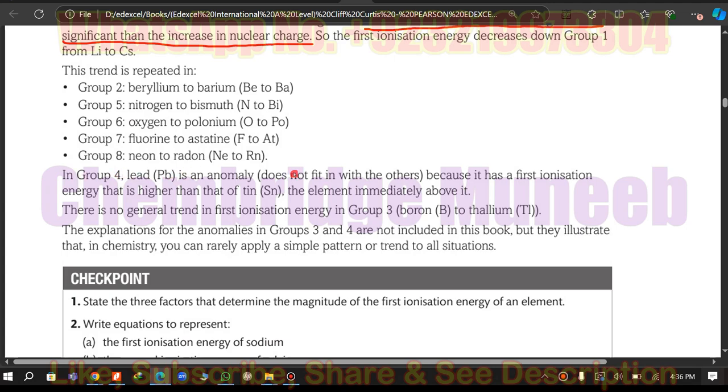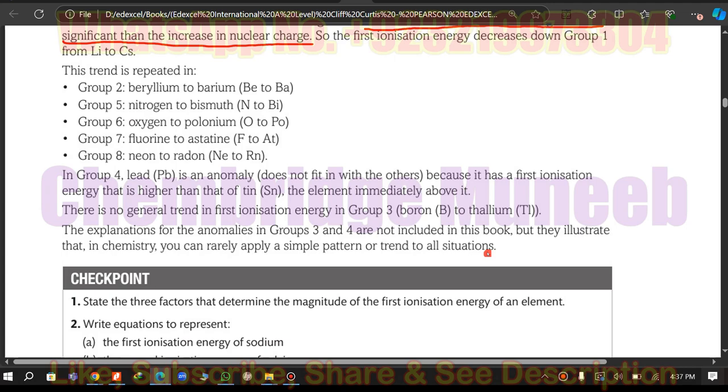In group 4, lead is an anomaly and does not fit with the others because it has a first ionization energy that is higher than that of tin, the element immediately above it. There is no general trend in first ionization energy in group 3 up to thallium. The explanations for the anomalies in groups 3 and 4 are not included in this book, but they illustrate that in chemistry you cannot really apply a simple pattern or trend to all situations.